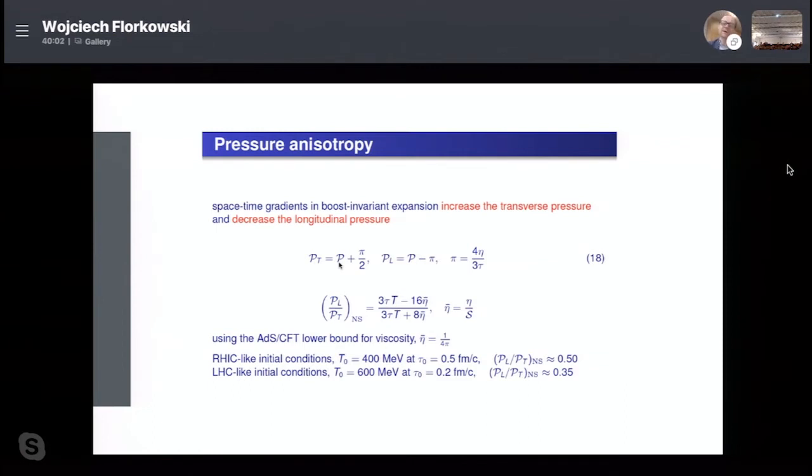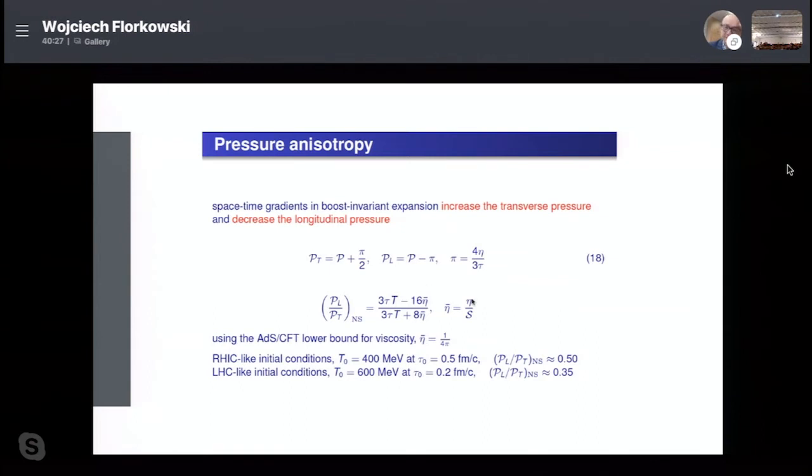Of course, we are used to think of pressure as always isotropic, but what I mean by different components of pressure is different components of the energy momentum tensor. This is a 4x4 matrix, but there is a 3x3 submatrix, which is the pressure tensor or shear tensor.